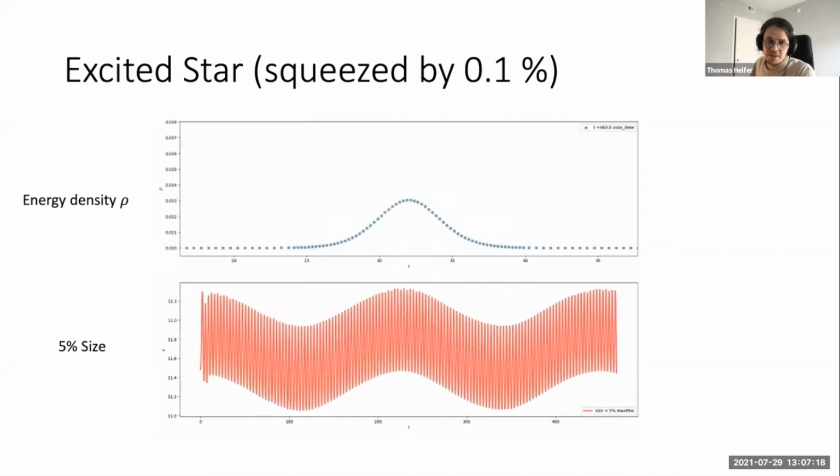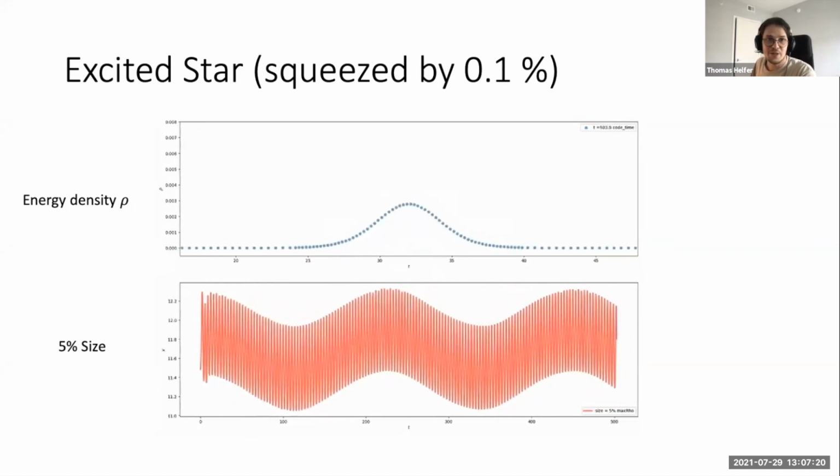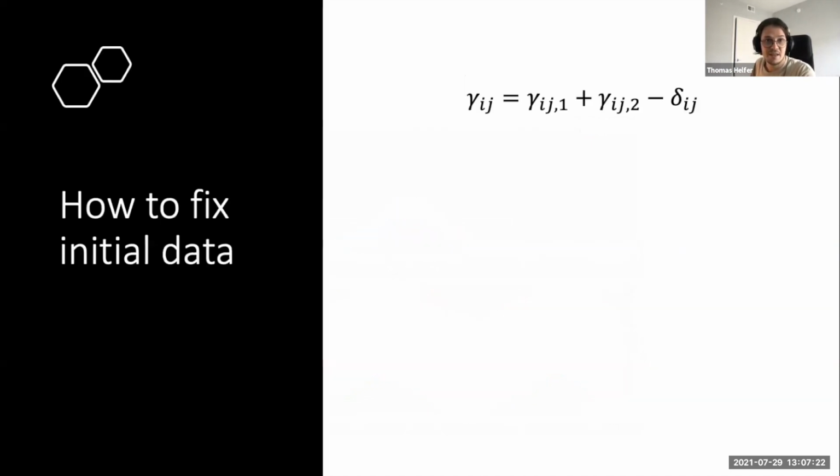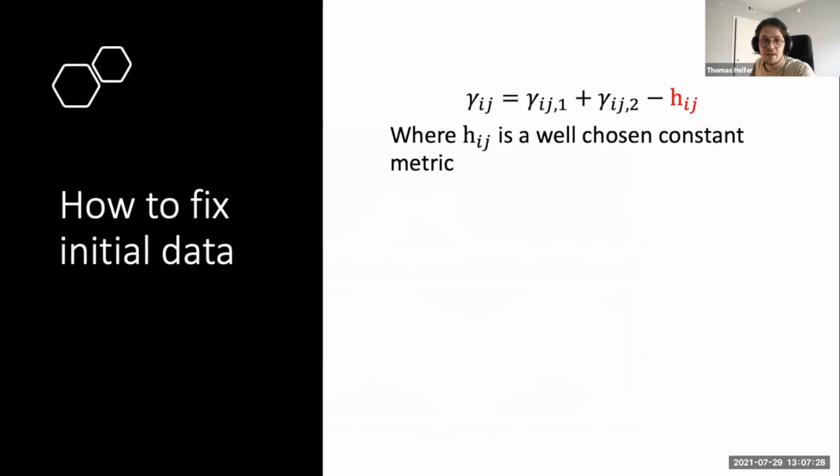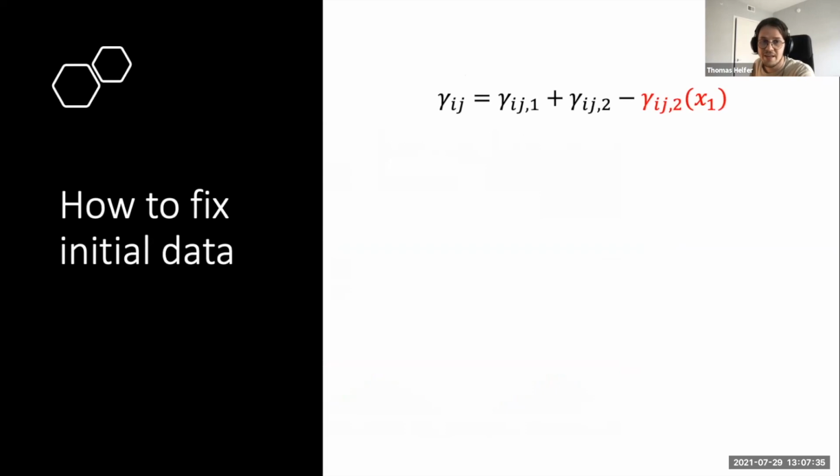So how can you fix this? As I was saying before, this is literally a 5-minute fix. Instead of using delta ij, you use h ij, a well-chosen metric. What you choose is effectively the second metric, gamma ij 2, evaluated at the position of the first star. This might seem a bit convoluted, but it will be clear in a second.